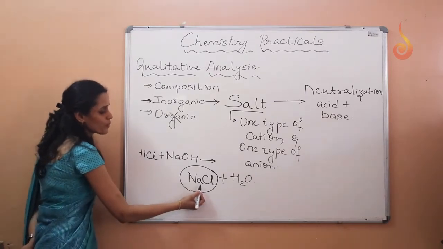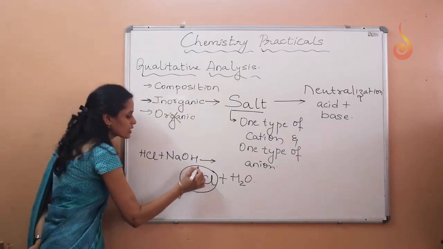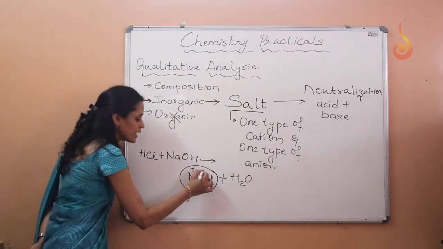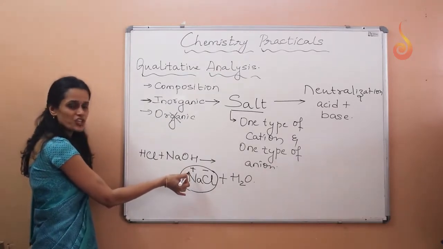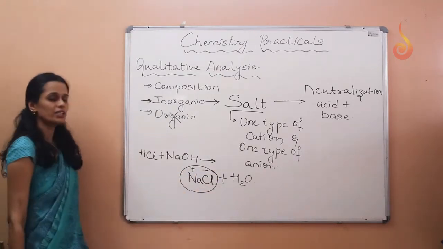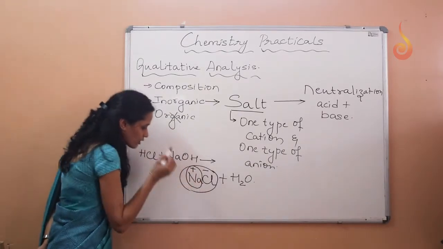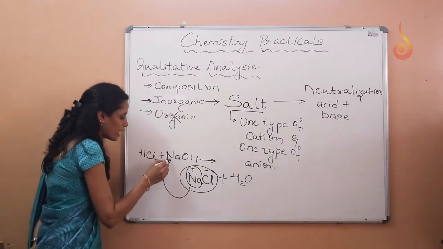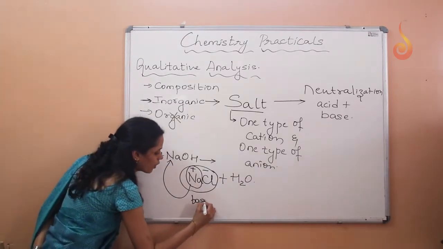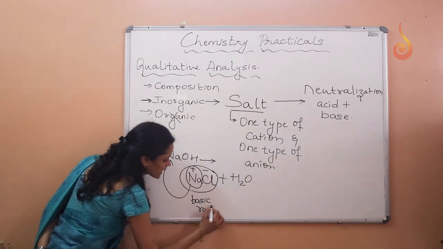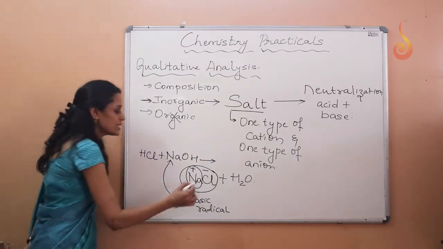Now here we observe two different types of ions. One is positively charged, the other is negatively charged. Sodium ion carries a positive charge and chloride ion carries a negative charge. Sodium ion is obtained from a base, so it is called the basic radical.